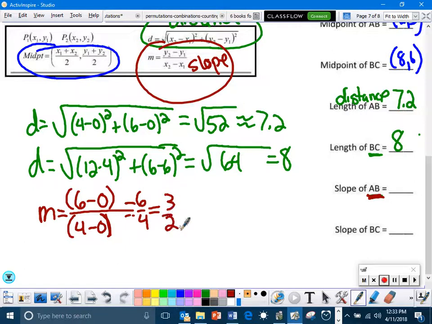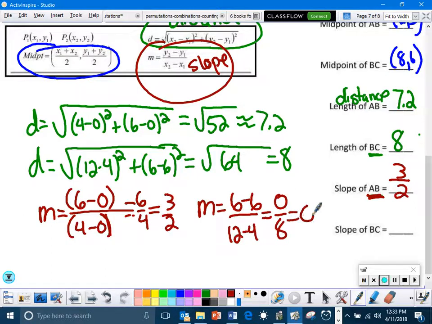Always reduce. 3 over 2. Okay, and the slope of BC, that ends up being 0. Good luck.